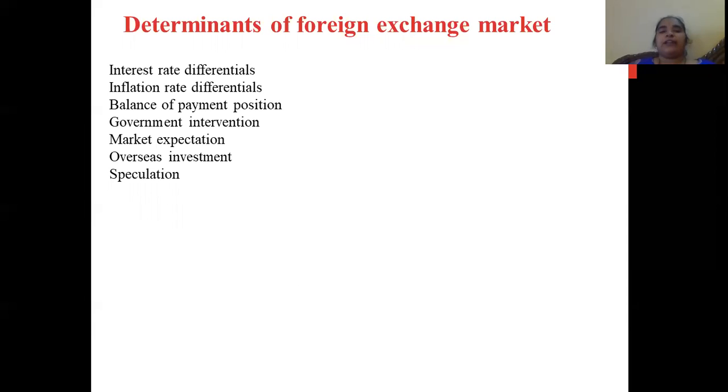So what is interest rate differential? Say for example, we take two countries, country A and country B. Assume that the interest rate in country A is 10%. When I say interest rate, it is interest on loans or interest on deposits. So interest rate means the bank interest rate. Say in country A, loans are available at a 10% interest rate.